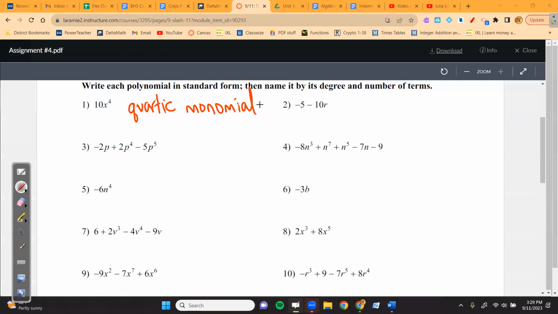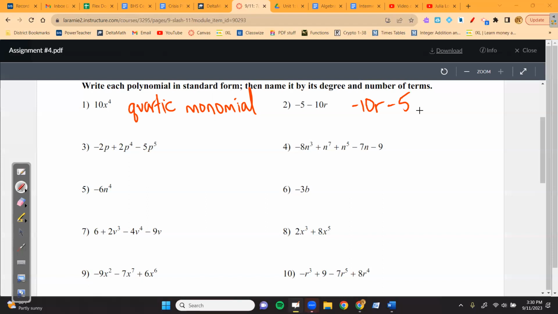Number 2, I need to first write it in standard form. And this one is not already in standard form. Nice job. Negative 10r jumps to the front, minus 5 jumps to the back. Now we got standard form. No, you don't have to. Great question. You guys don't have to copy the original problem onto your notebook paper, just the standard form answer and the classification.